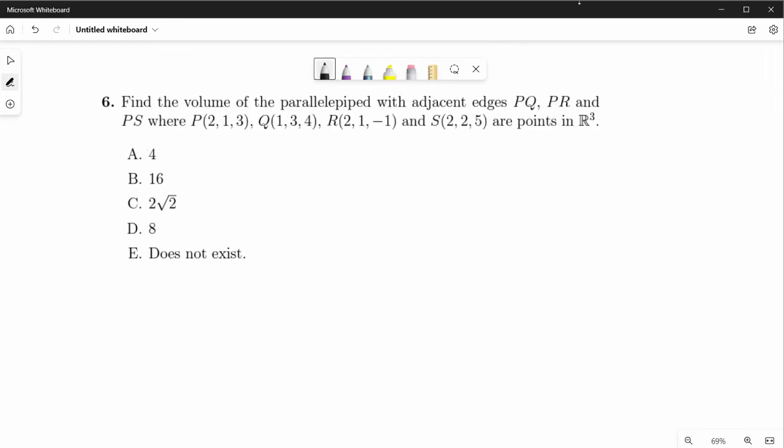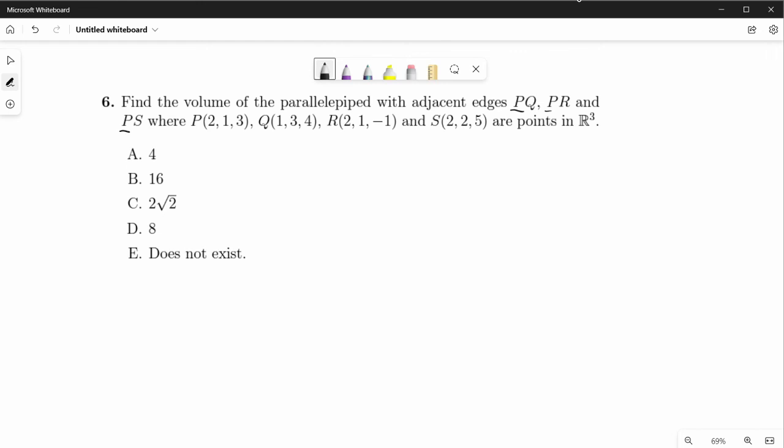For number 6, we have 4 points given to us on the edges of a parallelepiped. Generally we're given 3 edges, all starting with the same point P here.